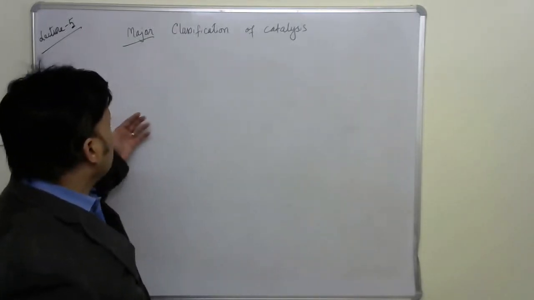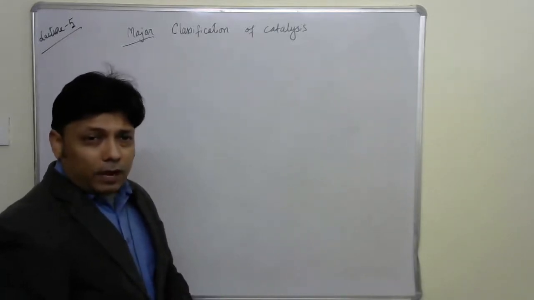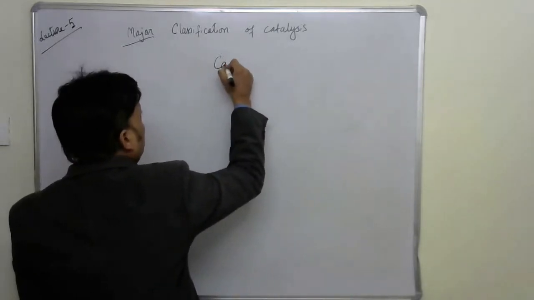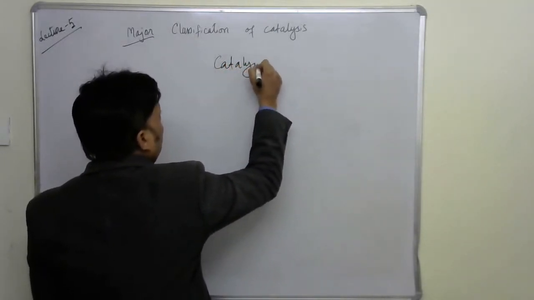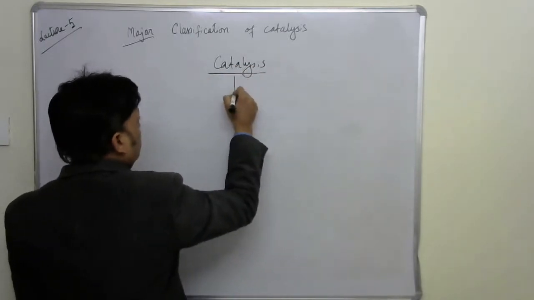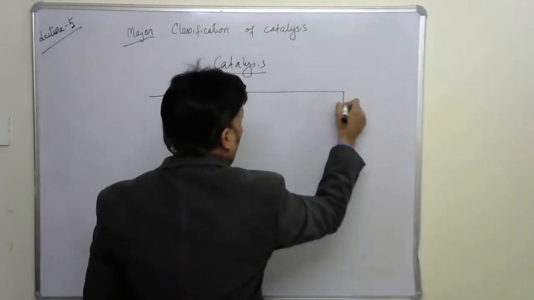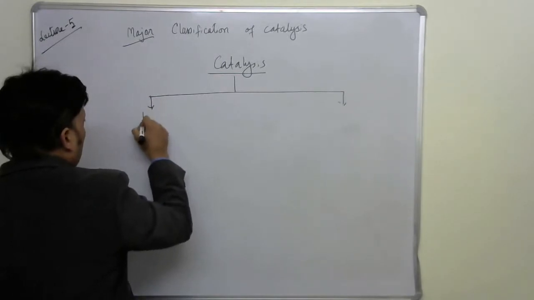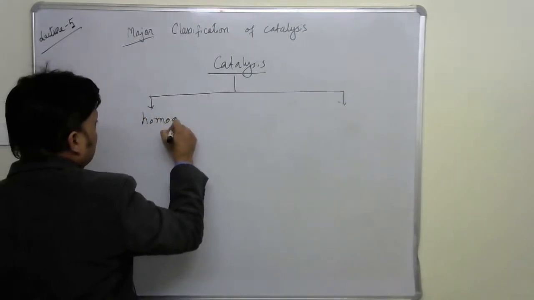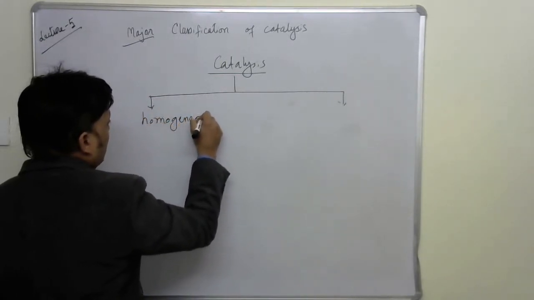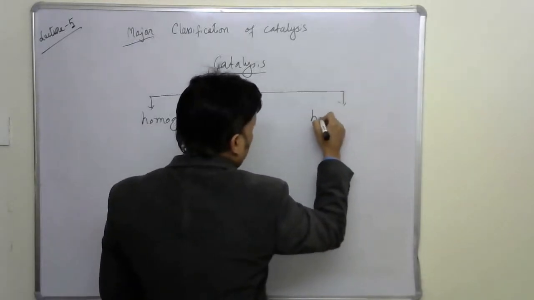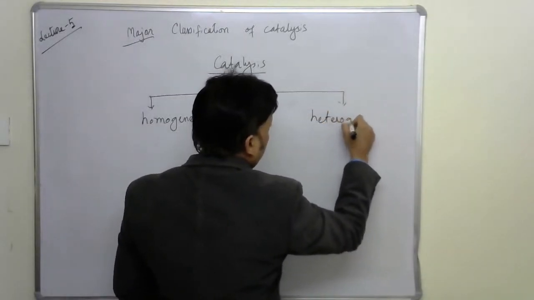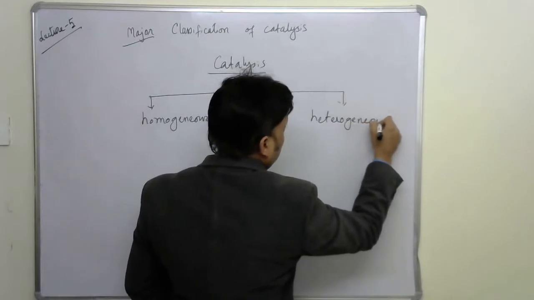So let's come to the major classification of catalysis. It is primarily of two types. One is called homogeneous catalysis, and the other is called heterogeneous catalysis.